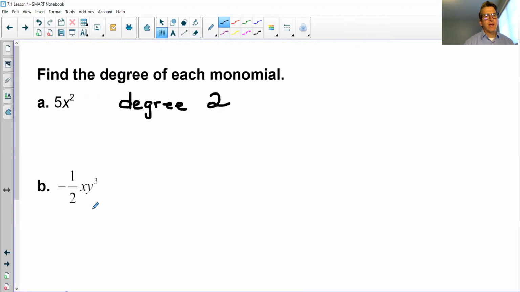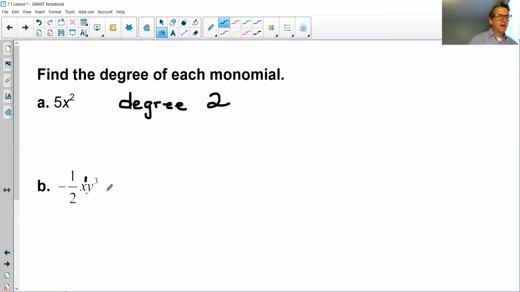Letter B, -1/2 x y to the third. This is a monomial. As you can see, you've got an exponent of 1. We don't put the 1 there, but it is an exponent of 1: x to the 1, y to the third.